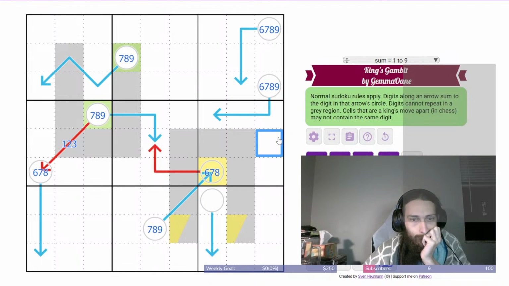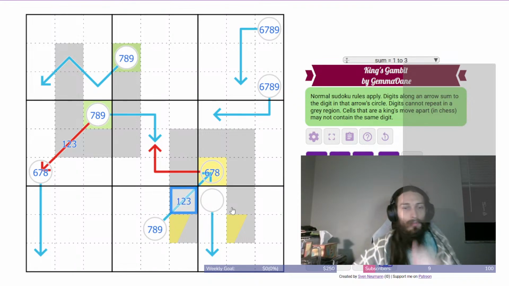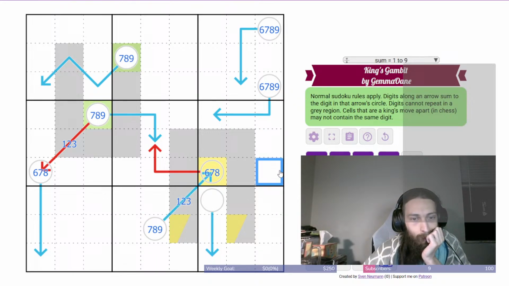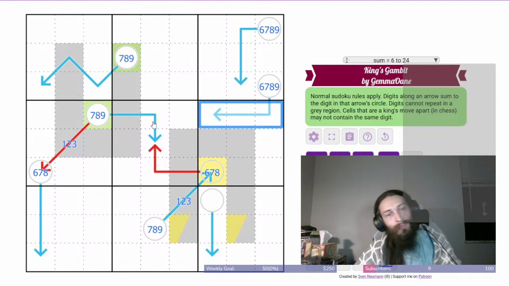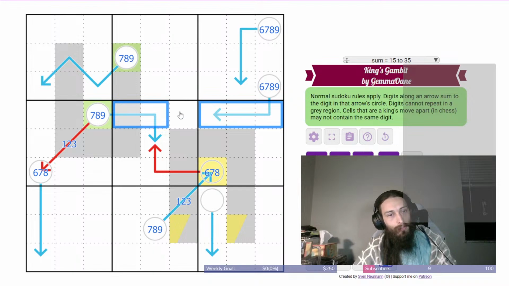Well, then doesn't going from box 8 to box 6 on the blue arrow make the middle of that 1, 2, or 3? Right. These are minimum 15, plus 1 is minimum 16.